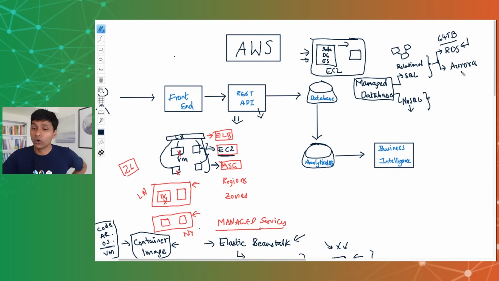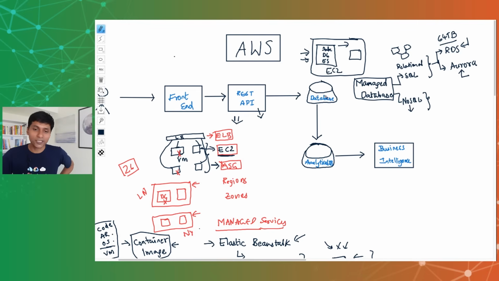But if you want a global relational database, in those kind of situations, you can go for Aurora. This provides you with 99.999% availability, which is considered to be really, really, really high. It provides transactions, it provides high scalability, and all the things that you would typically need from a relational database.